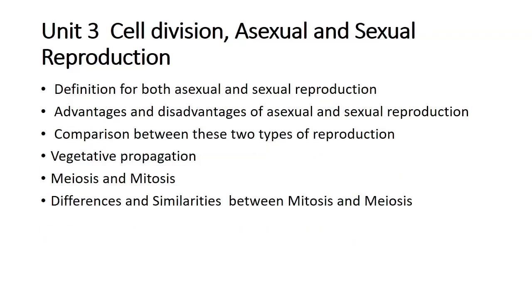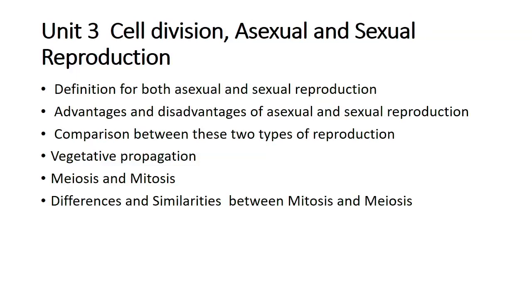Let's talk about cell division. Please, you need to know what cell division is. You also need to know the types of cell division, meiosis and mitosis. Meiosis is a type of cell division that results in the formation of gametes. The gametes have half the number of chromosomes compared to the somatic cells.